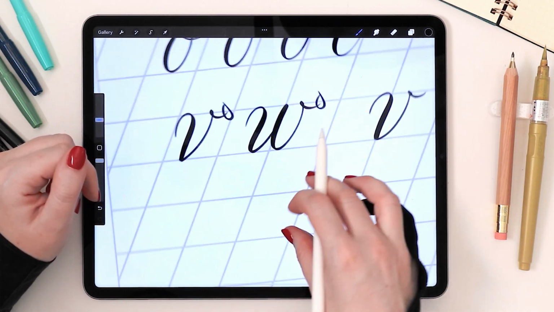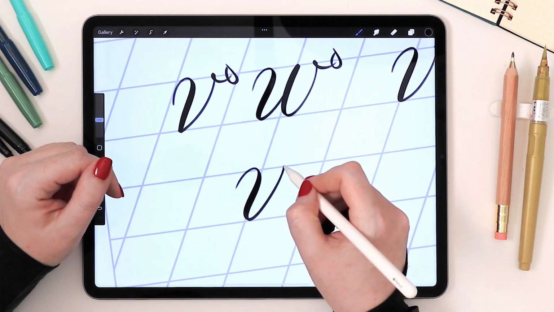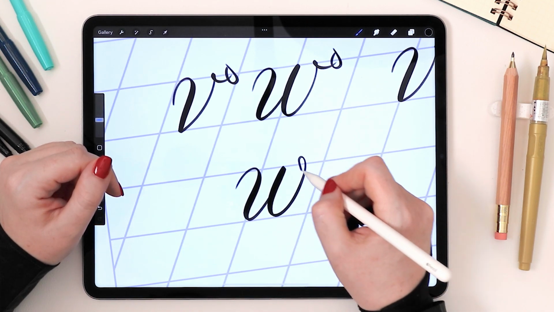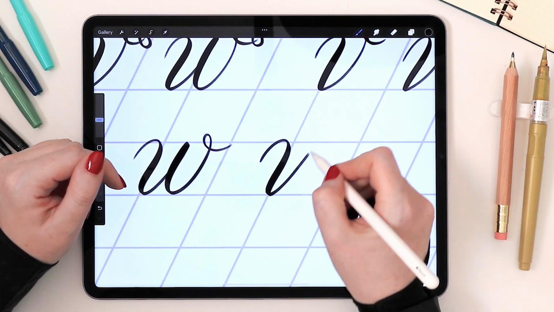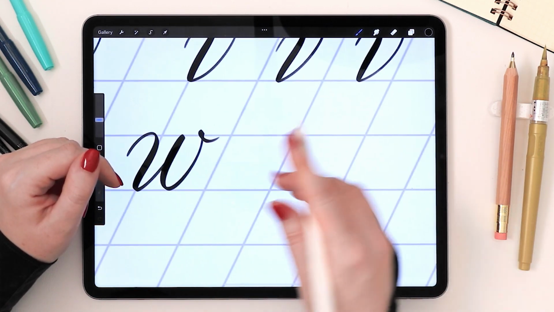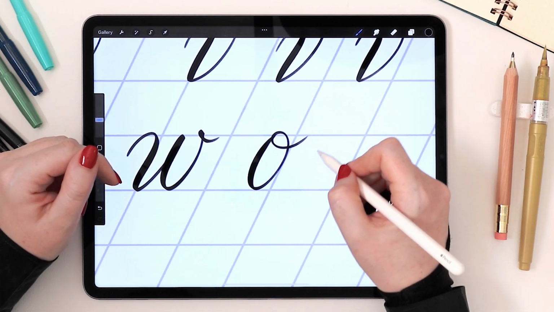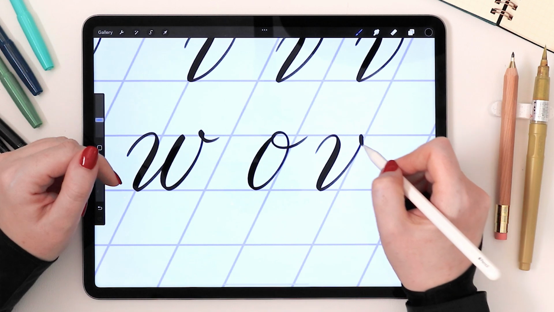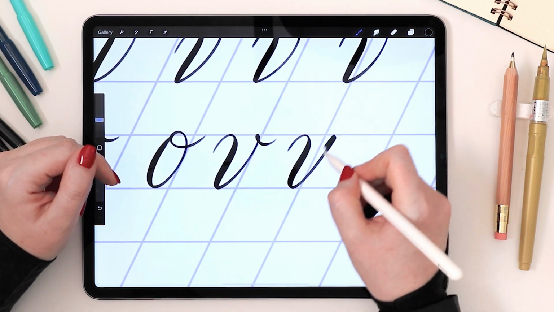And W is similar, except it has more of a curved bottom. And again, you could loop out the W, or you could just make it like a little flick of the wrist, like that. So we have O, V, and W in this grouping.